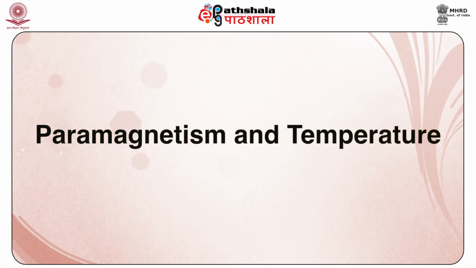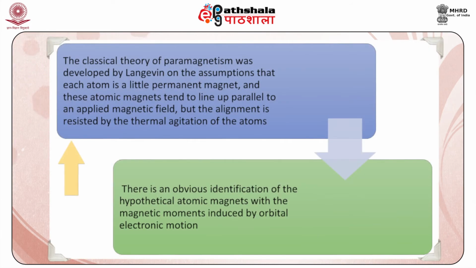Paramagnetism and temperature. The classical theory of paramagnetism was developed by Langevin on the assumptions that each atom is a little permanent magnet, and these atomic magnets tend to line up parallel to an applied magnetic field.